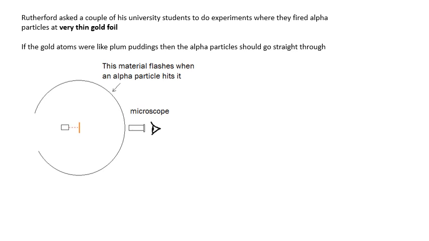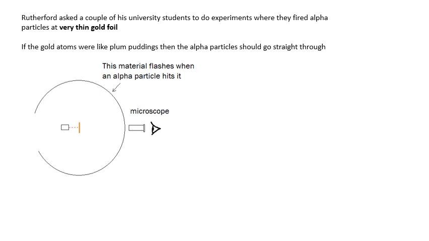Using this apparatus, they could see what happens to the alpha particles when they go through the gold foil. The whole thing is in a vacuum, because alpha particles would only go a couple of centimeters in air otherwise. You can turn this microscope around and see what the alpha particles do.